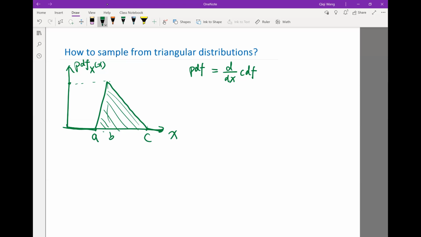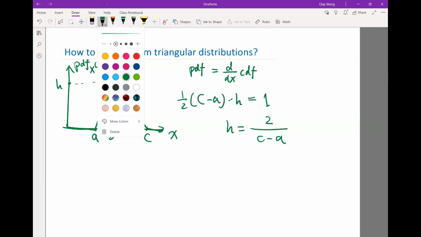That means the area below the triangle, which is C minus A times the height, divided by 2 because it's a triangle, has to equal 1. That means my height has to equal 2 divided by C minus A. So the question is, how do we sample from that?